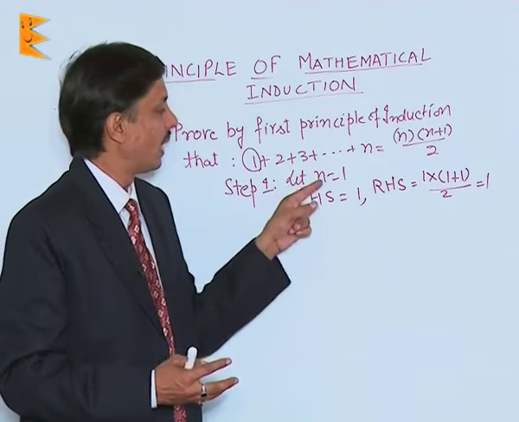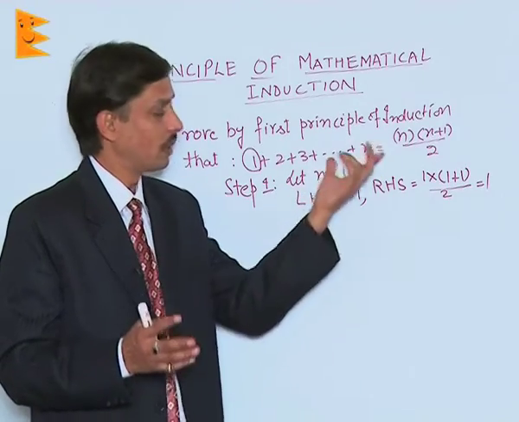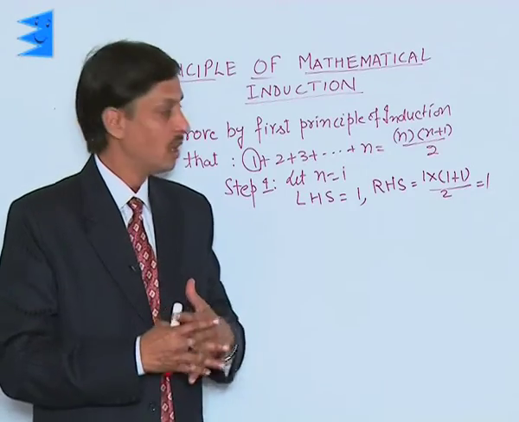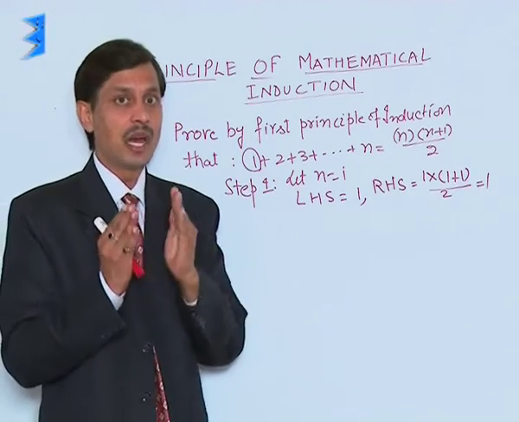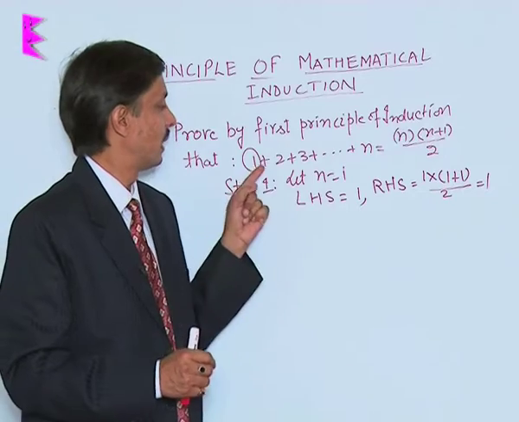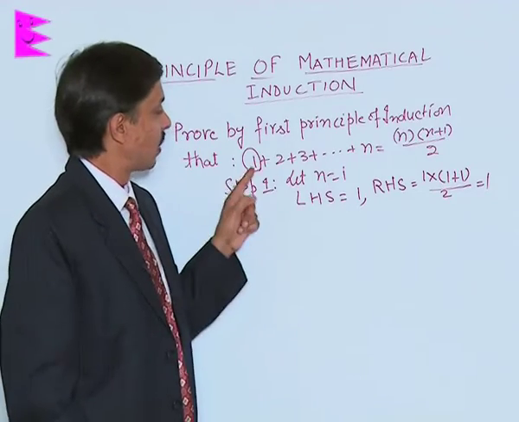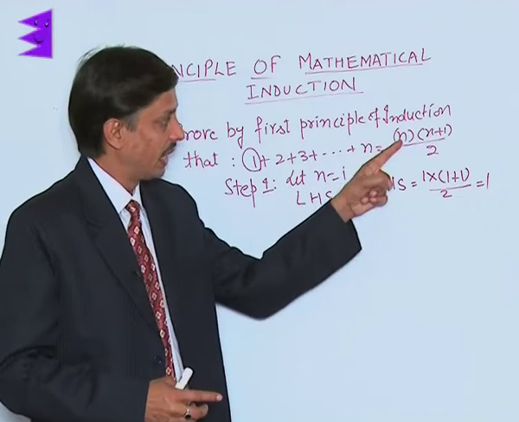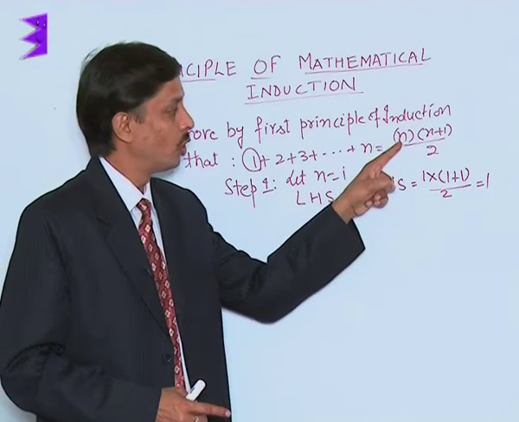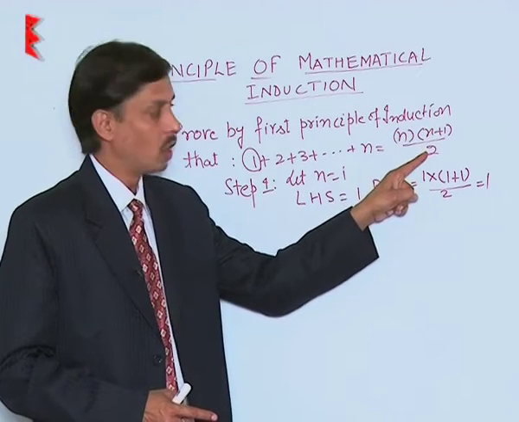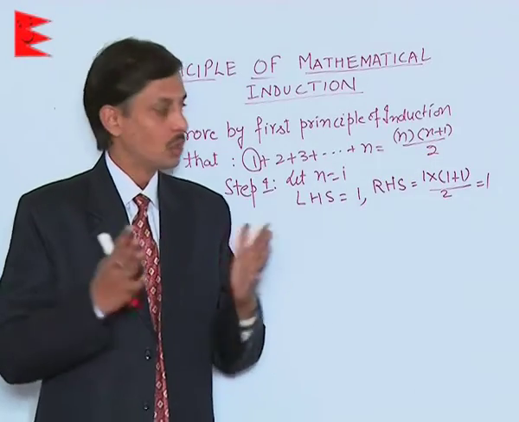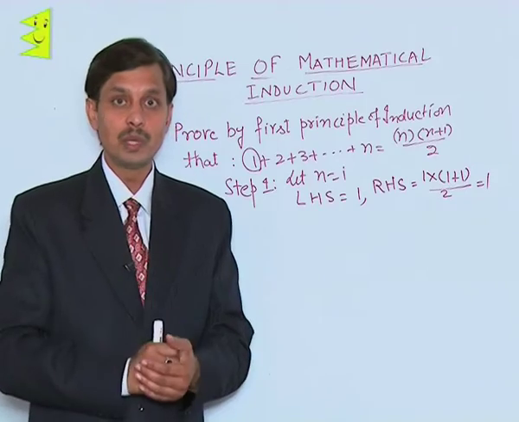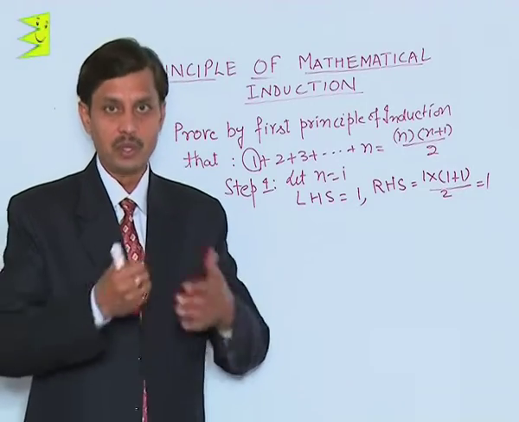So even at n equal to 2, this mathematical statement is verified. If I go further, if I take 3, taking 3 means I need to take the first 3 terms of the left side, 1 plus 2 plus 3. This result becomes 6. At 3, I will get here 3 into 4 upon 2, 12 upon 2, that is 6. So this mathematical statement is verified at n equal to 1, n equal to 2, and n equal to 3.